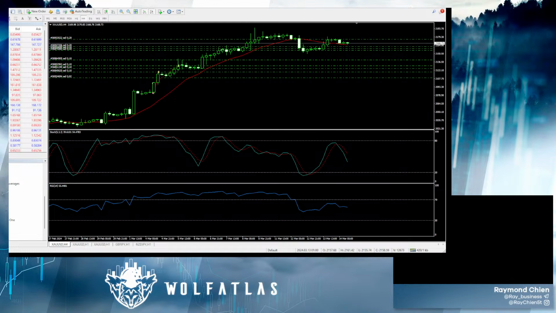First things first, what you want to do is get a fresh chart. Go into any pair that you like. For example, today I'm feeling Aussie dollar, so I'm going to get Aussie dollar out. Once I have it, what you want to do is put on two indicators, or actually just one, but we're going to do two versions of it.